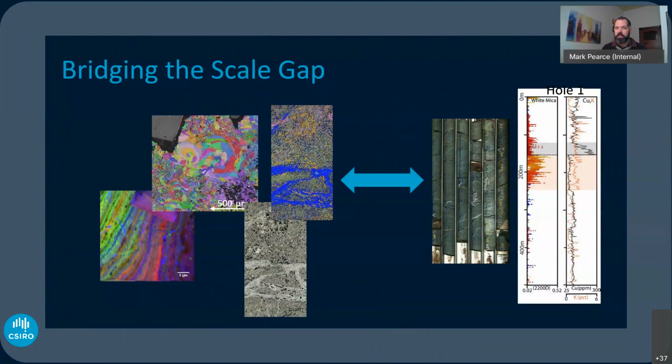The scale of these data sets is nanometers up to hundreds of microns. Industry data sets that these complement are typically focused at the core scale to deposit scale and even camp and regional scales. So there's a gap between this core scale shown on the right and the microscale research data, and we wanted an instrument that filled this gap.